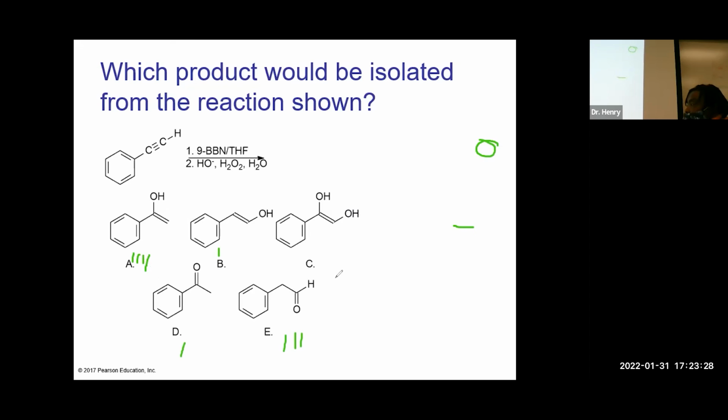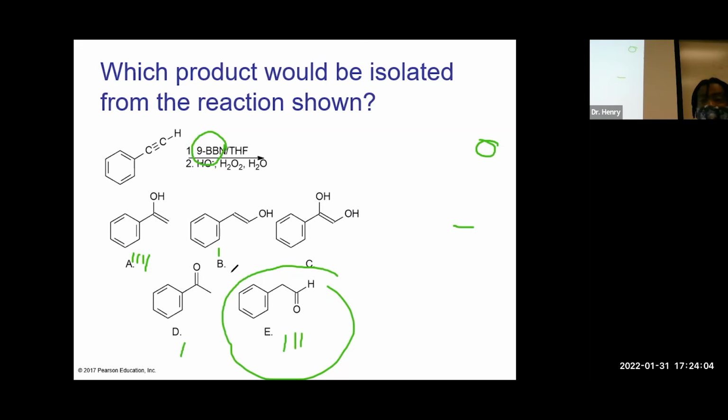The correct answer is E. This guy is 9-bromo bicyclo. Okay, so we know that if this guy is an internal or a terminal alkyne? It's a terminal alkyne. Terminal alkynes are going to give us aldehydes.